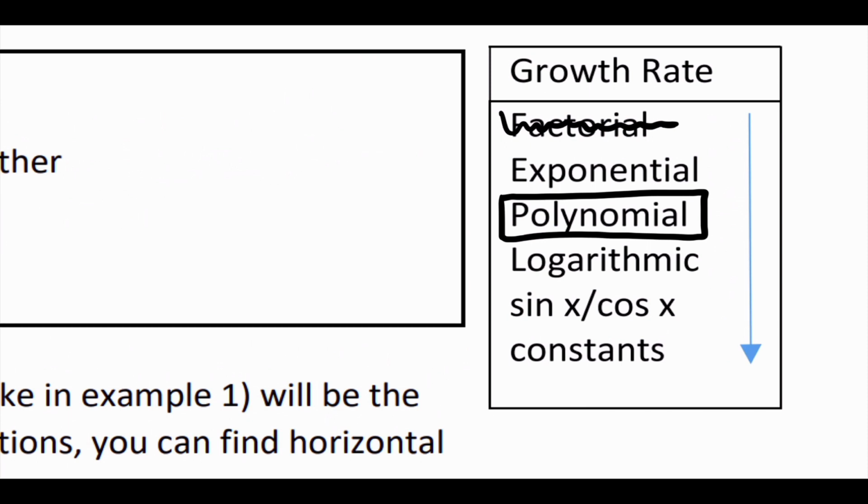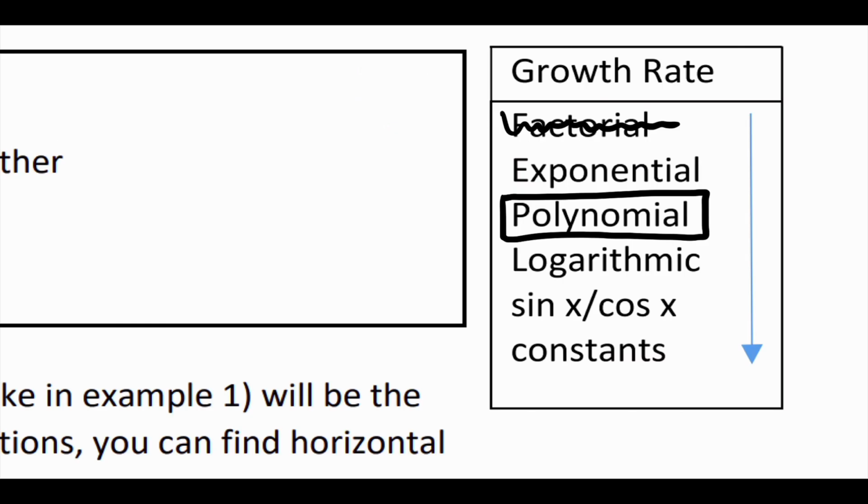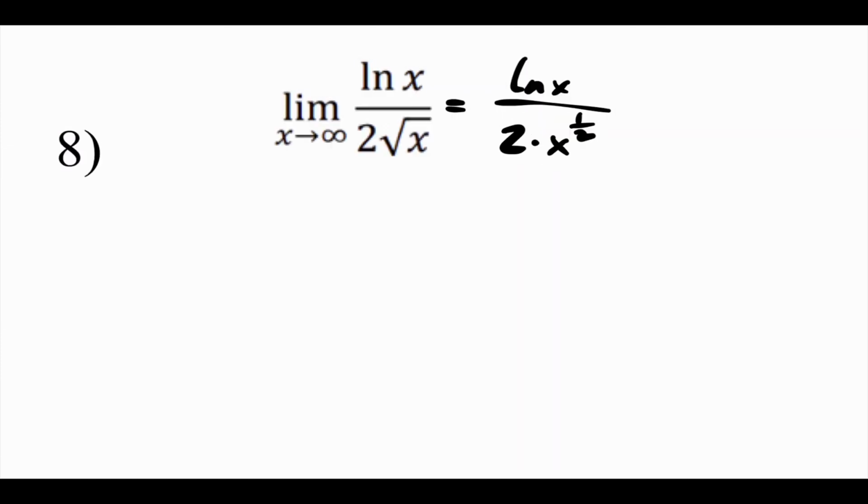So let's look at this one. The top is a log, right? Natural log. That's right here. Where does the bottom fit? Is it exponential? Is it a polynomial? It's not a log. How do you know if it's a polynomial?